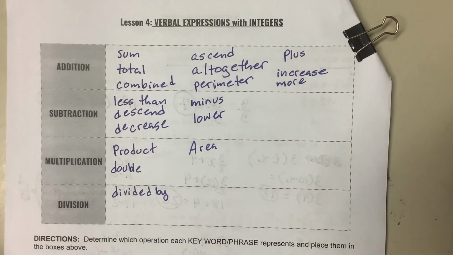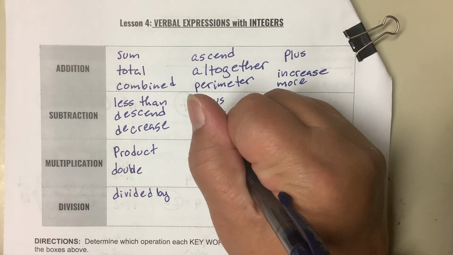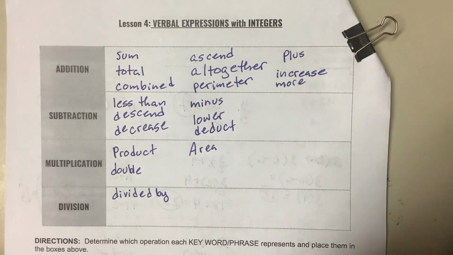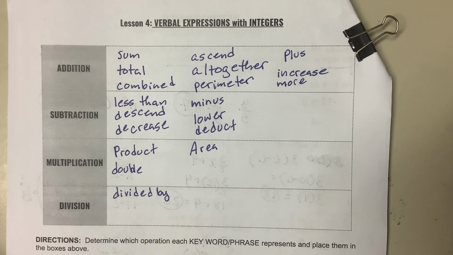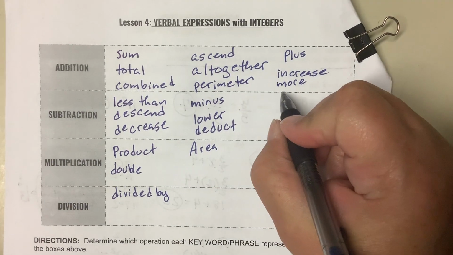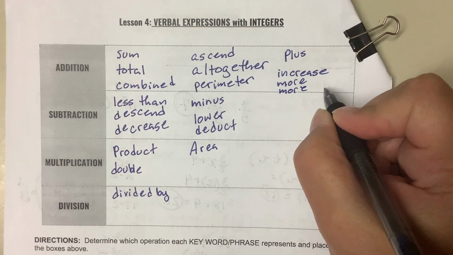Deduct. Deduct is also subtraction. More than, as in 6 more than 7. 6 more than 7. More than is addition. So more and more than are both addition.